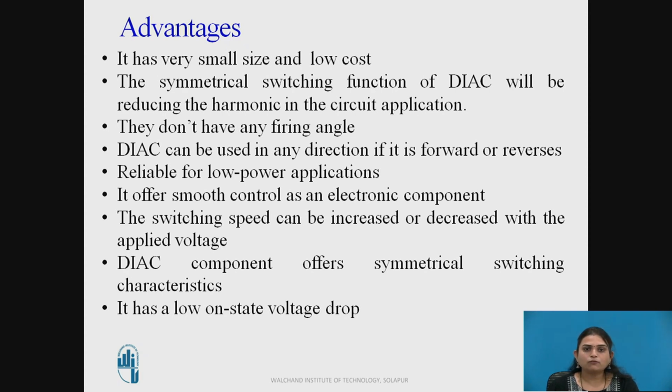It is reliable for low power applications. It offers smooth control as an electronic component. The switching speed can be increased or decreased with the applied voltage. DIAC offers symmetrical switching characteristics, and lastly it has a low on-state voltage drop.